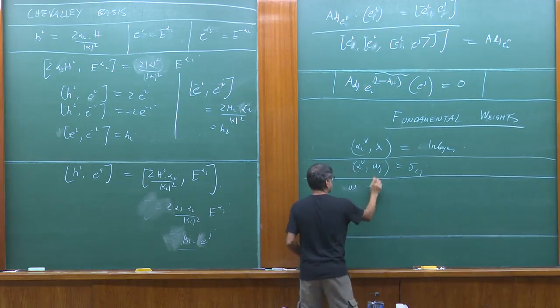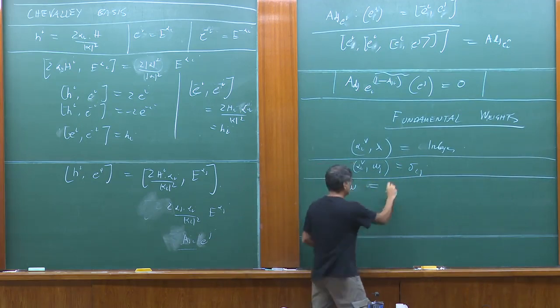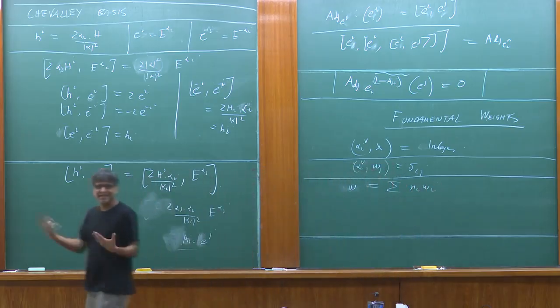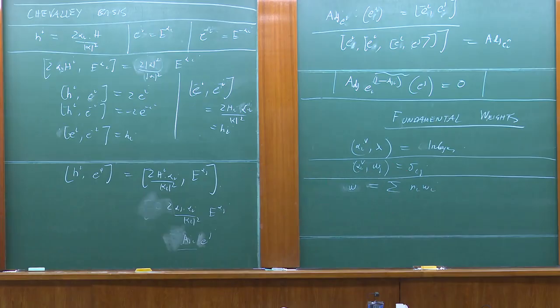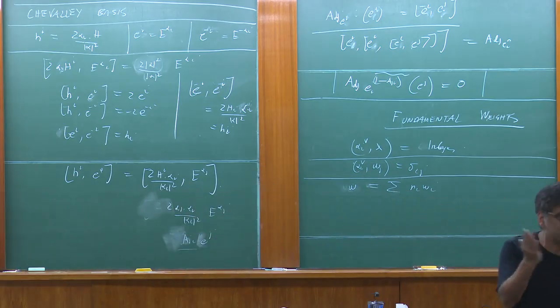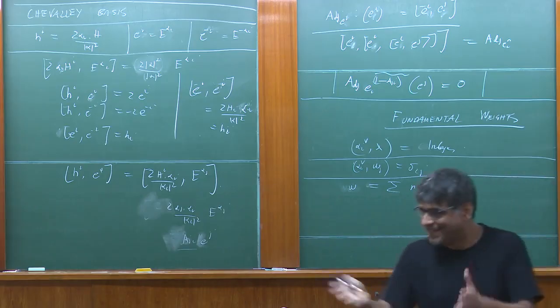So any allowed weight is some sum of ni wi, where ni's are integers. Okay? So in this basis, all weights are integer weights.